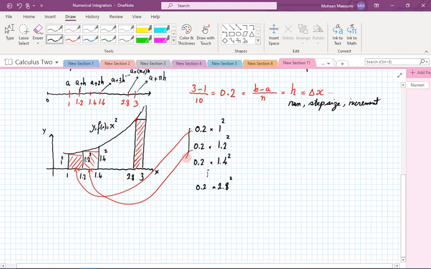So we want to add all of these things. It makes sense to factor 0.2, and then I have 1 squared, 1.2 squared, 1.4 squared, and so on down the road. I go all the way to 2.8 squared. So this is the approximate area.